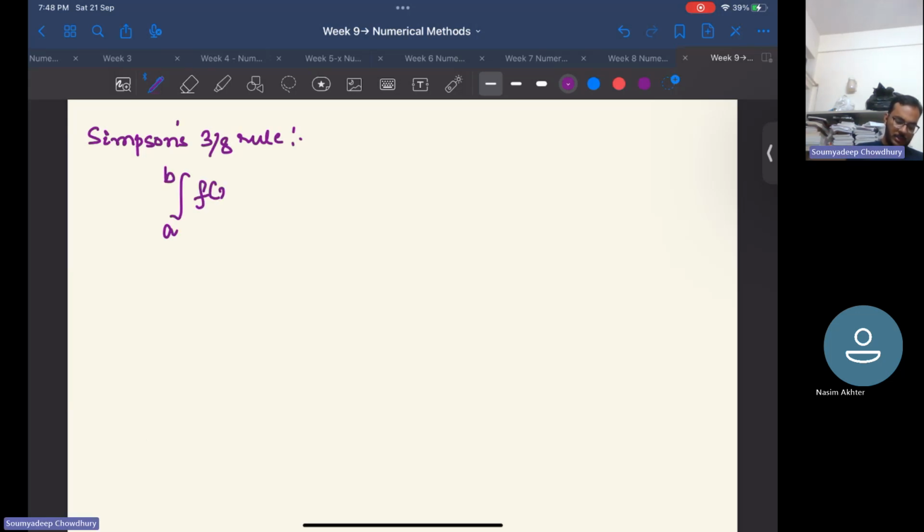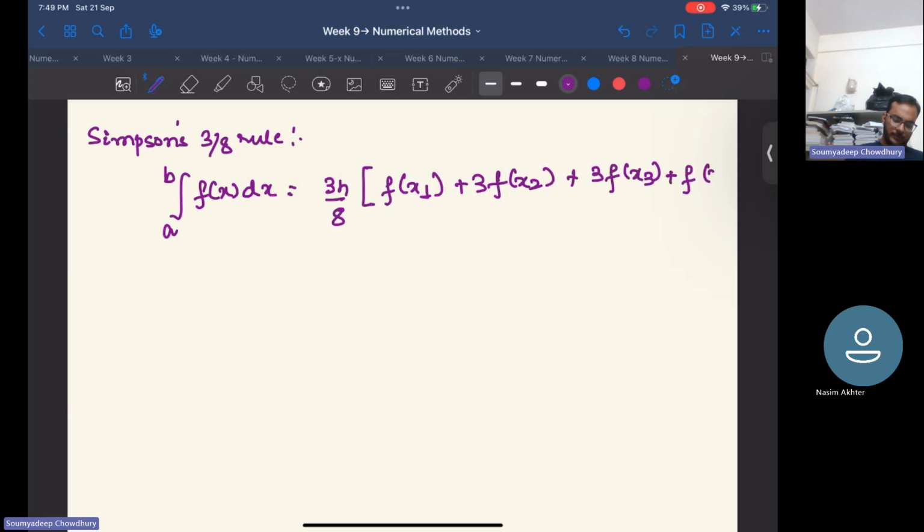Integral from a to b of f of x dx will be basically 3h by 8 times f of x0, 3f of x1, 3f of x2, plus f of x3. So x1, x2, x3, x4, right? So x1 and x2 will have three times, and the ends will be one time only.